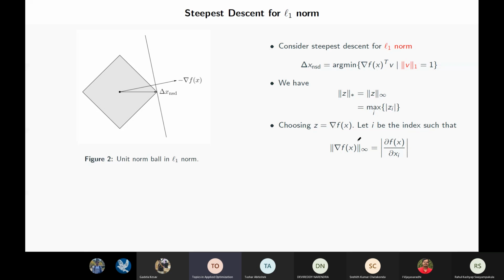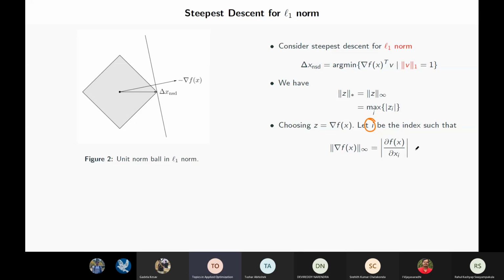So grad f(x) is a vector, and the infinity norm is the index i for which the component is maximized. So let us say the infinity norm is del f(x) by del xi. So the ith component of the grad f(x) vector is the maximum value, and that will define the norm. Okay, infinity norm.